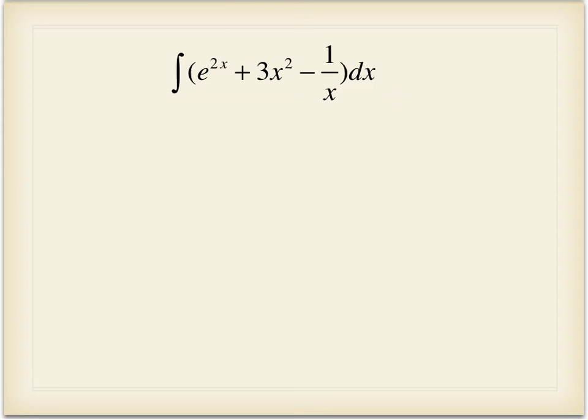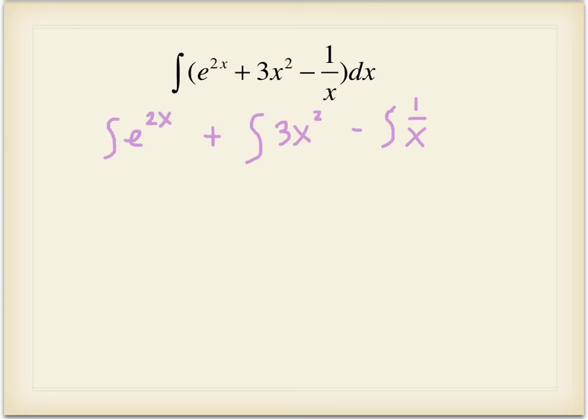All right, let's see how this works in action when we have the integral of several terms like this. Basically that means I can separate it out and take the integral of each one separately. So I'll just write it like this. And again, it would be a dx on each one of those, but I won't bother to write that in there.